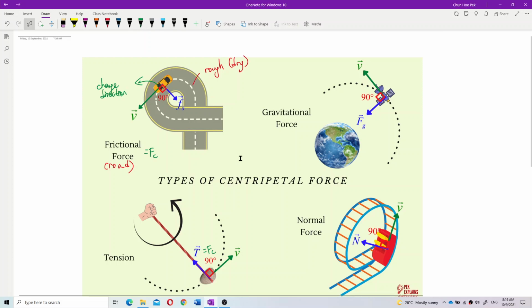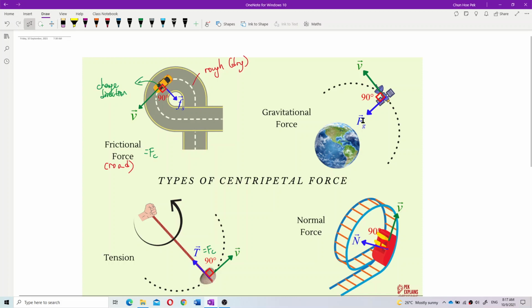Okay, now how about the satellite? A satellite also revolves around the Earth. So why can the satellite revolve around the Earth in a circular motion? Because there is a gravitational force pulling on the satellite. We know that gravitational force is always directed towards the center of the Earth, which is also the center of the circle of the satellite.